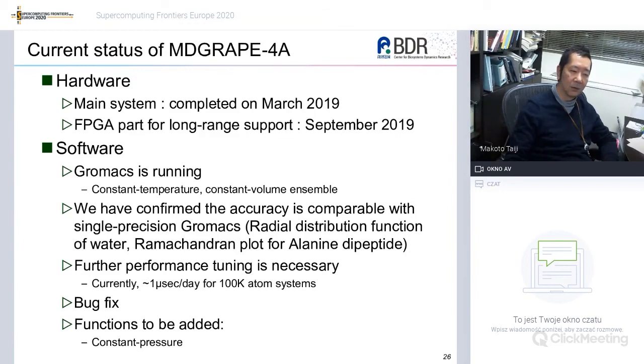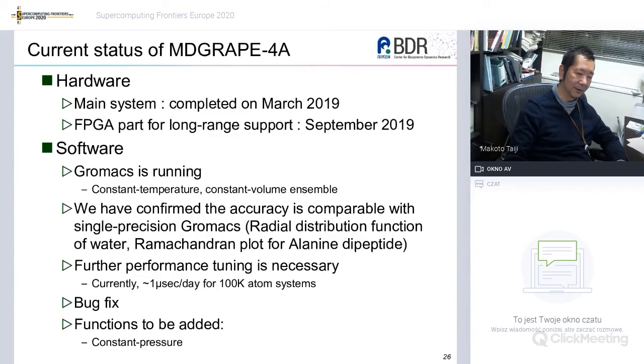We are continuing our performance tuning. Currently our performance is around 1 microsecond per day for 100,000-atom systems. Our target was a little bit faster, initially around 4 to 5 microseconds a day. Our performance is still behind the Anton systems. I have to admit that.